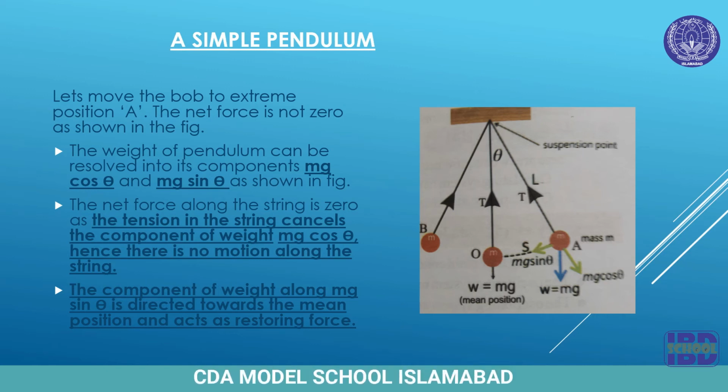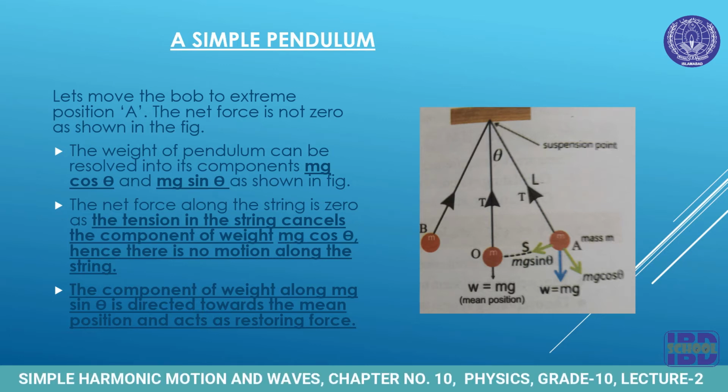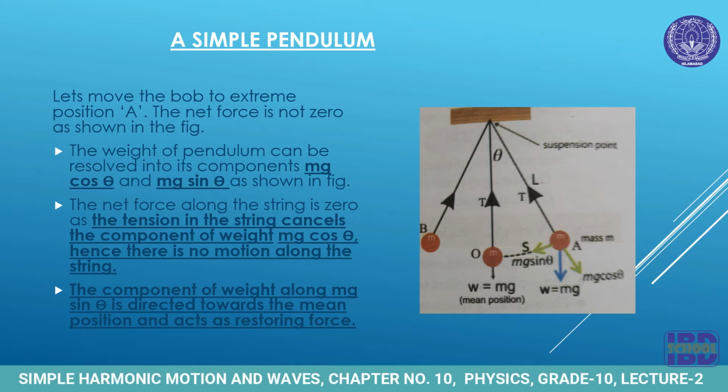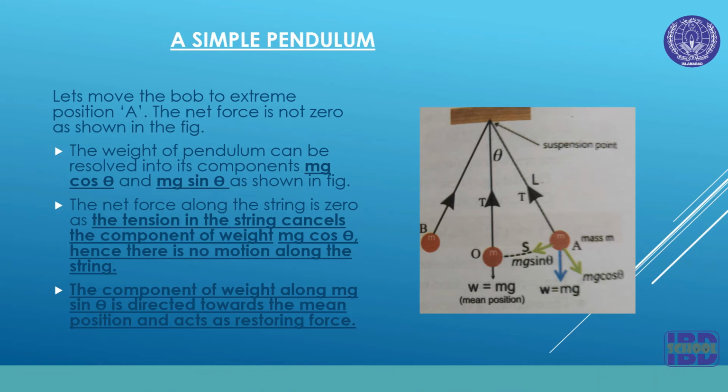First of all, we will see the weight. As we have seen, the weight of the body at resting position is directed downwards, but as we move it from the mean position to extreme position A, the weight will still be directed downwards, but if we resolve it into its components, we will see two components.